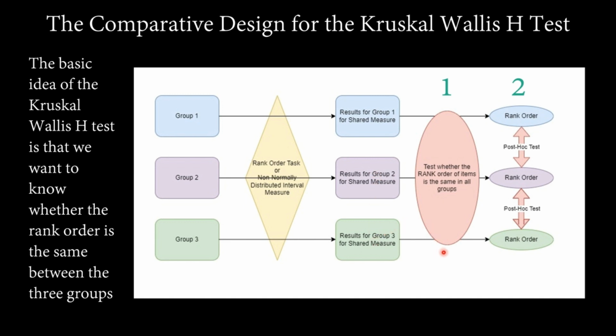And then the test, in the same way as a one-way ANOVA, is done in two stages. First, we rank overall whether there's a difference in the rank order of the items in relation to all three groups. And then we compare each of the different groups, group 1 to group 2, group 2 to group 3, and group 1 to group 3. And we just look at a post hoc test, a very particular post hoc test, which compares the rank order of these three items.